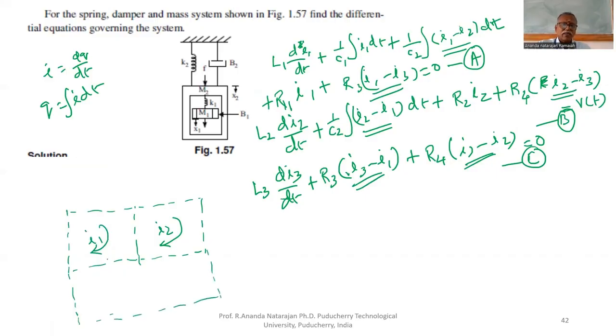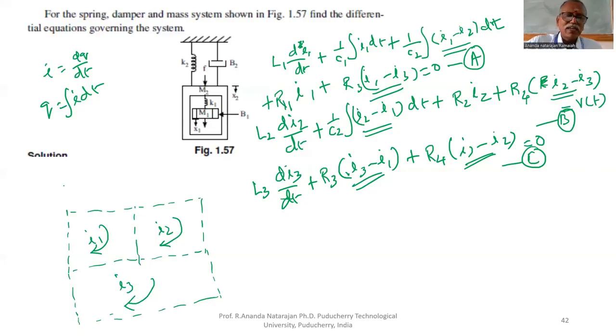Here you will get I1 minus I3, and here I3 minus I2, or I2 minus I3. So this is the problem. If you take the loop like this, you can finish. This is the crucial point. That's why I took this up.